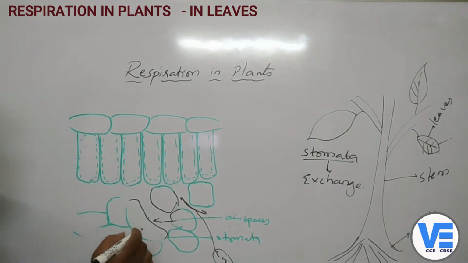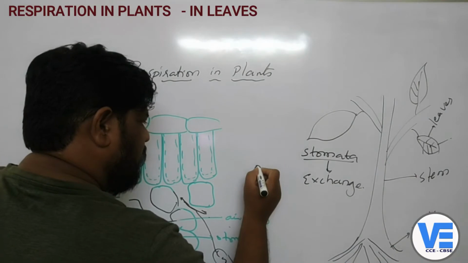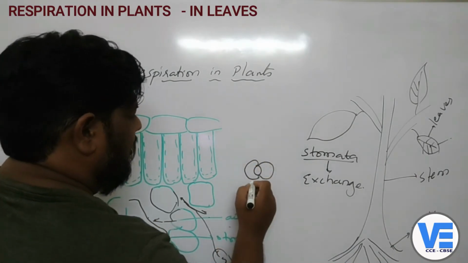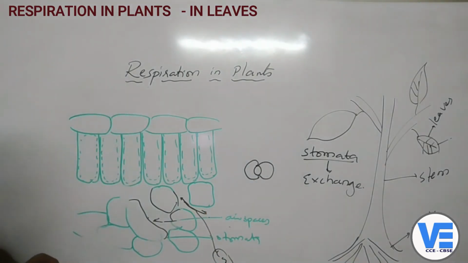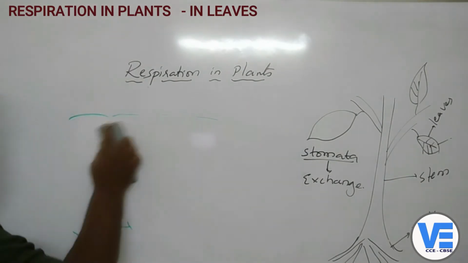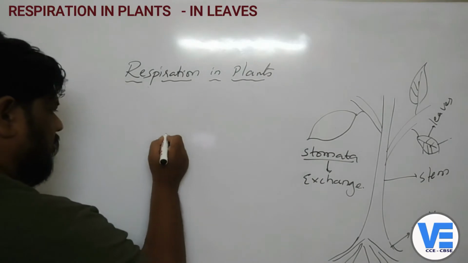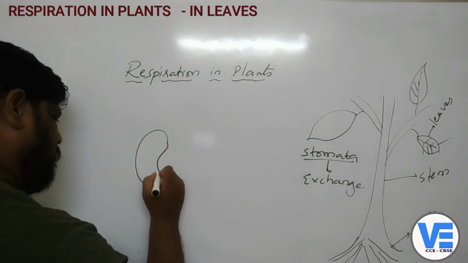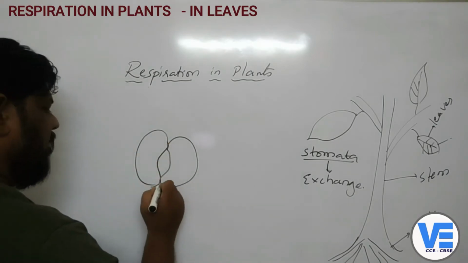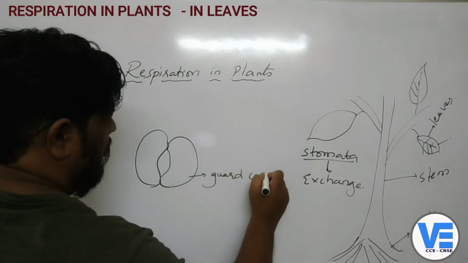Now when you come to the stomata, you can see a small pore-like structure which is covered by two cells. Let me draw it a bit bigger. Two bean-shaped cells, which are called guard cells.